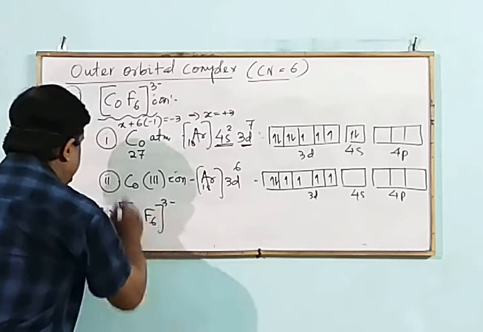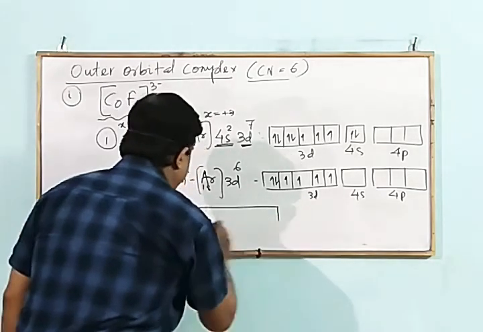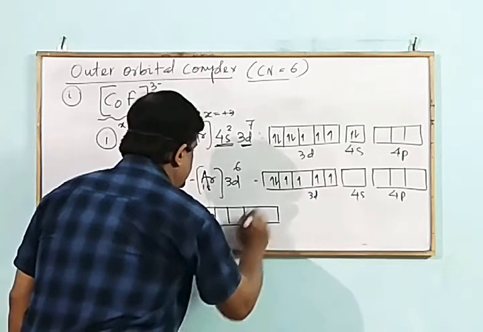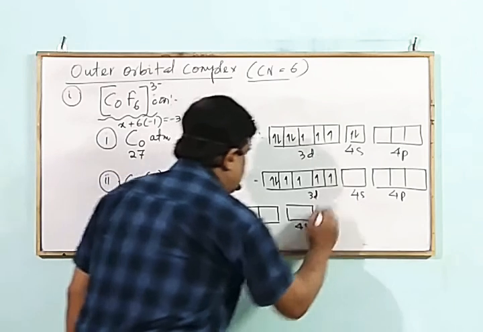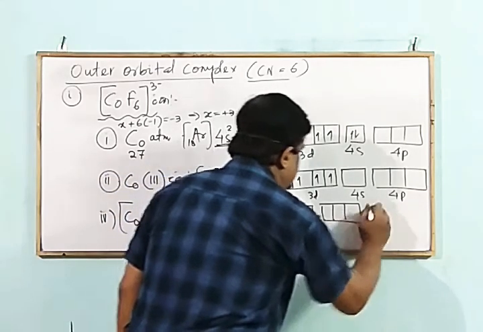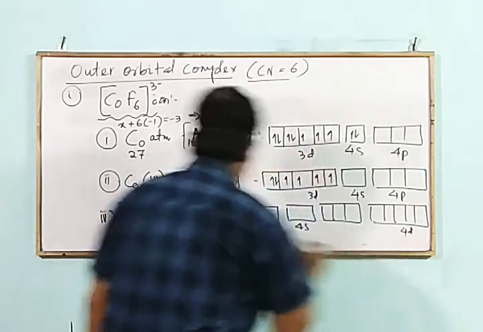Third one, CoF6 3- ion. Box-like diagram. It is 3d, it is 4s, it is 4p, it is 4d.